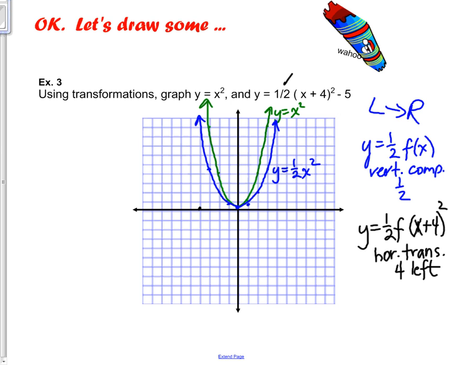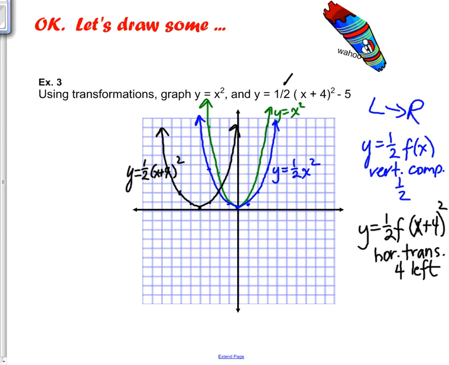I'm going to just pick a couple of points that I can see really clearly and move them 4 to the left. And that will get me anchored. So my black one is a half. It has that same stretch factor, x plus 4 squared.